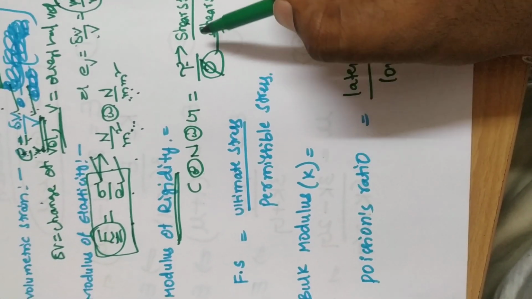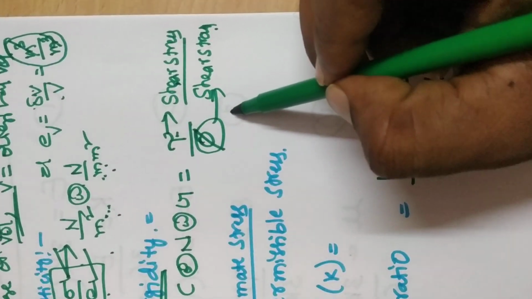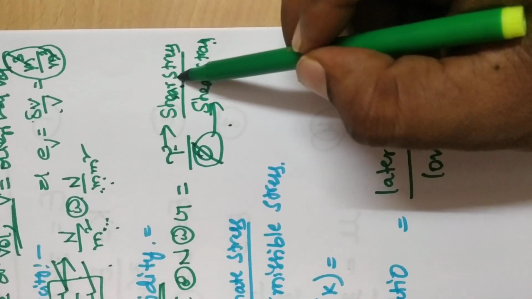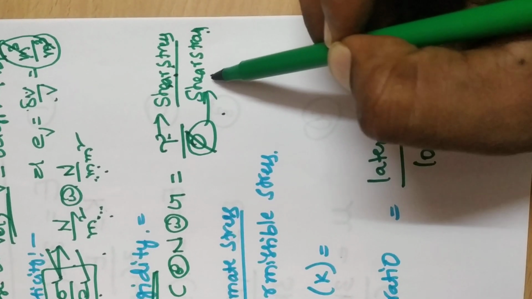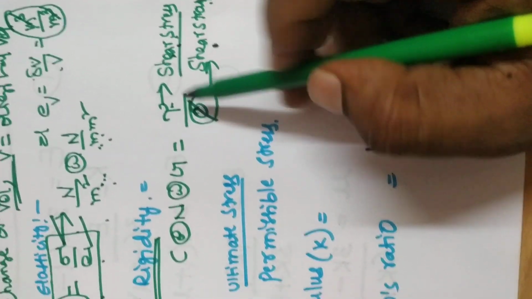So please define the modulus of rigidity. It is defined as the ratio between shear stress to the shear strain.